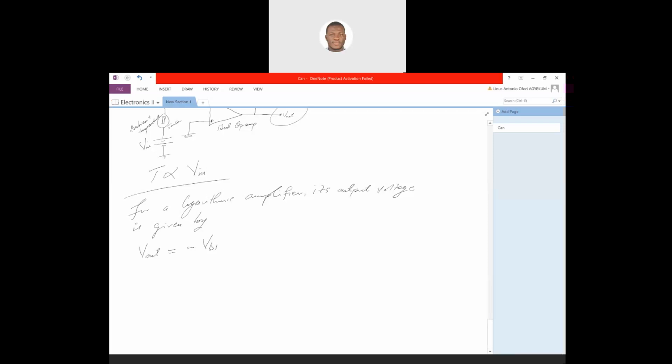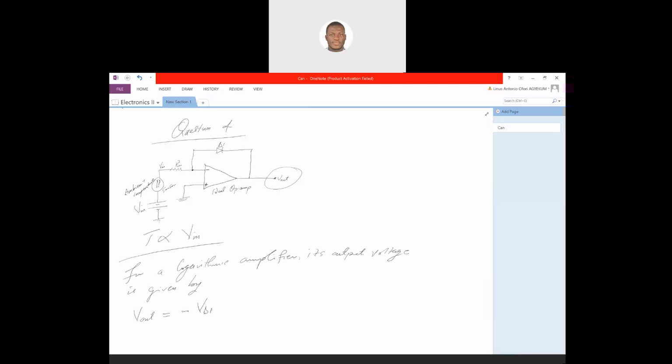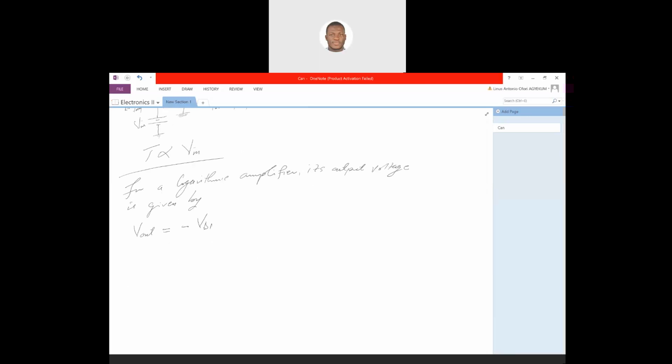Sorry, because of the inverting. Sometimes if you don't take care, you forget to add the negative. So take note of that. VD1, the voltage across diode 1.